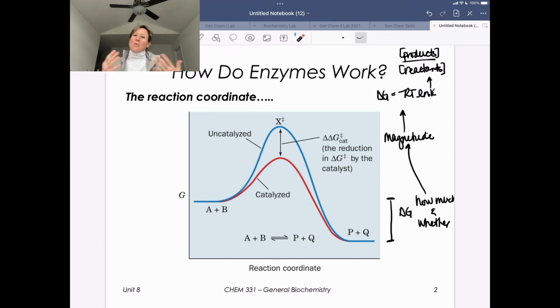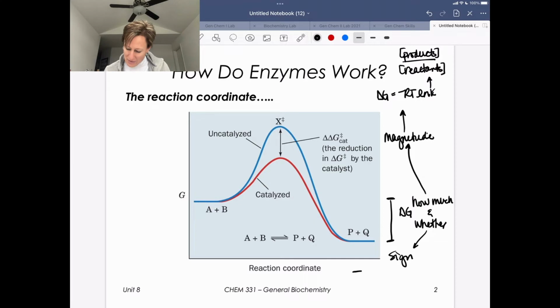Okay, so why I didn't want to say how spontaneous is because that's really related to what we have here. I'm going to move this over here just real quick. When we think about the sign of delta G, that's really this whether piece. So the sign of delta G has to do with whether it's spontaneous or non-spontaneous.